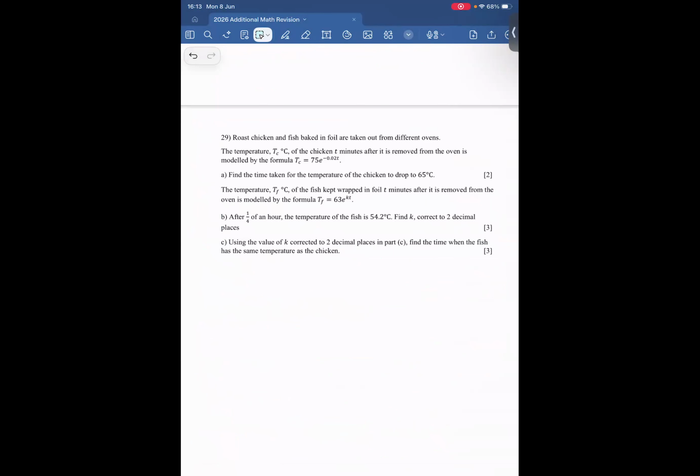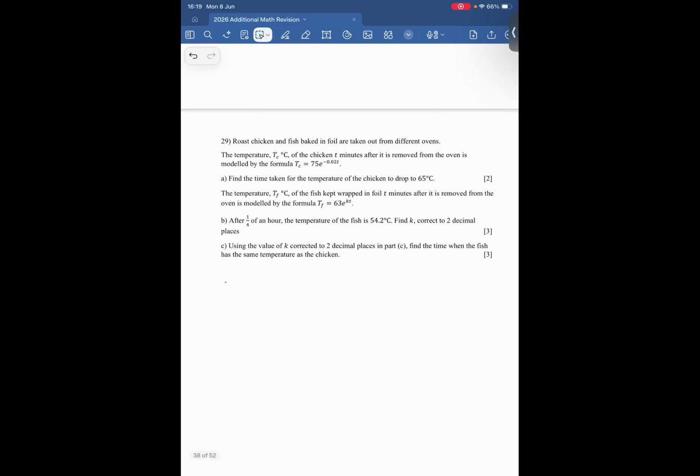Not that difficult until part B. Okay, 29A, find the time taken when the temperature dropped by that.